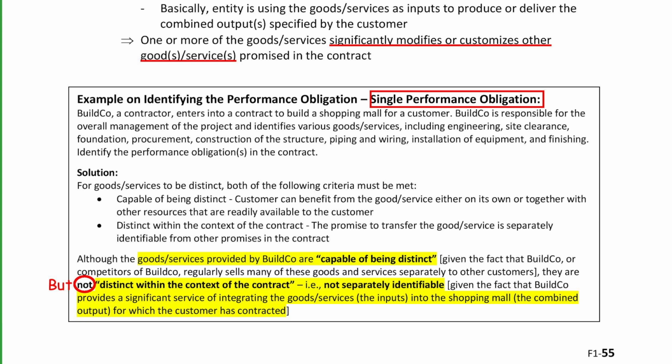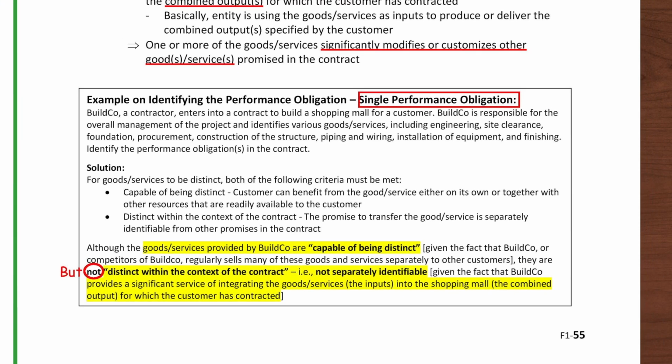So guys, though there are many goods or services as part of this contract, this is a single performance obligation, as those goods or services which were capable of being distinct are not separately identifiable within the context of the contract.